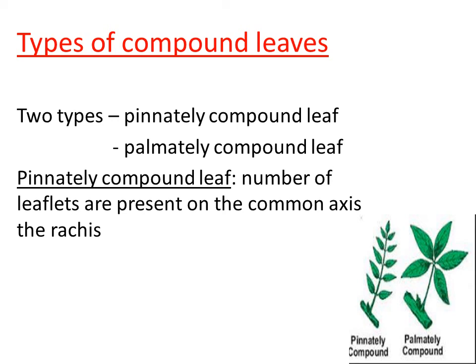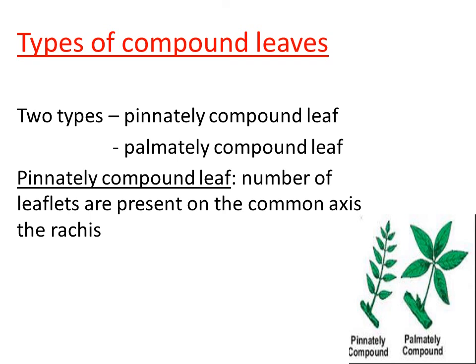In a pinnately compound leaf, a number of leaflets are present on the main common axis called the rachis. Just look into the first diagram. In the first diagram, the leaf is a compound leaf, right? There is a common axis present in the leaf that is called the rachis.